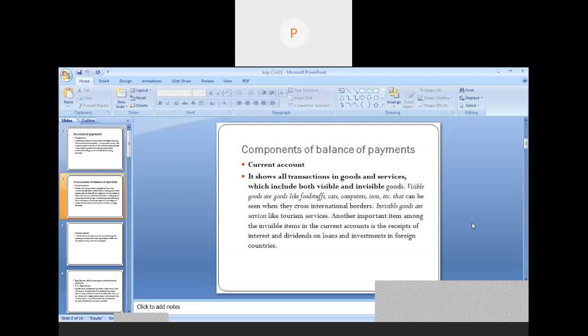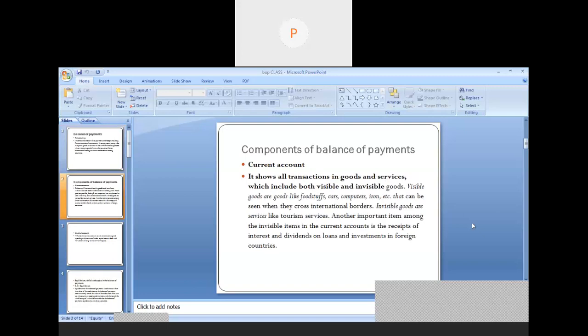So balance of payment shows a relationship between the country's payments to the other countries and its receipts from them. So balance of payment can be said to be a statement of income and expenditures on international account. If you study the components of balance of payment, it shows all transactions in goods and services, which relate to both visible and invisible goods.